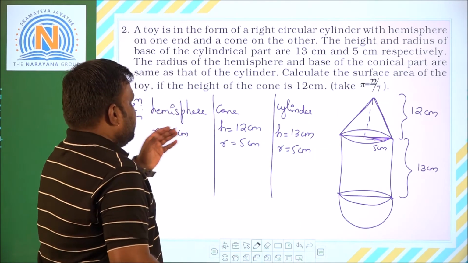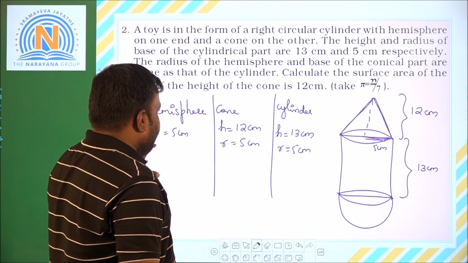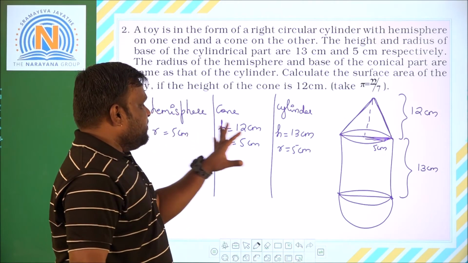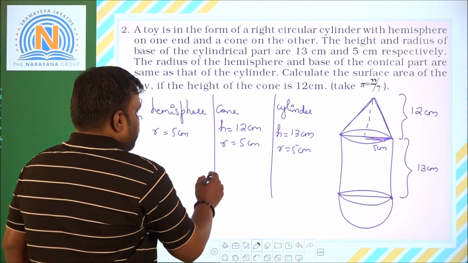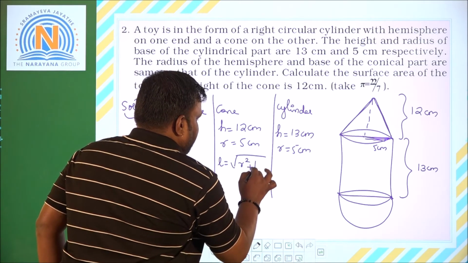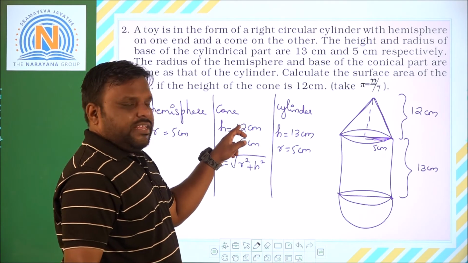We know CSA of hemisphere is 2 pi r square, we can calculate that directly. Cone is pi r L, so here I have to find out L. It is nothing but under root of r square plus h square, that means 5 square is 25 plus 12 square is 144.